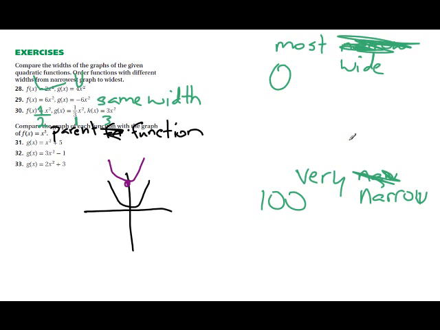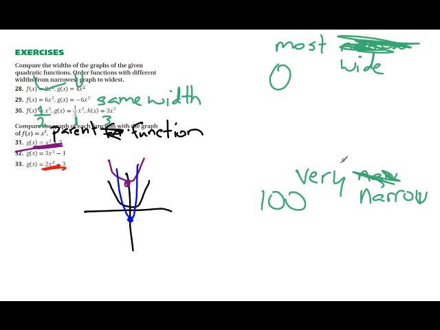Okay? So that's that. If we had 3x squared, that would be more narrow or more steep than negative 1, which means our vertex would be down here on the negative side, and it would be steeper. And then 2x squared plus 3.